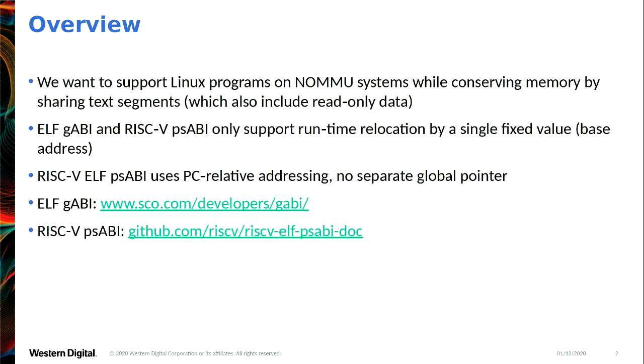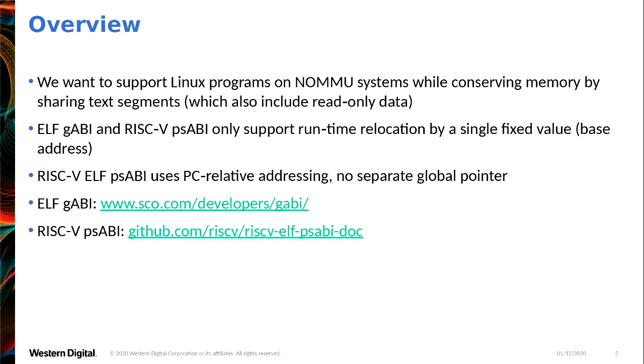Also the RISC-V ELF psABI, where ps stands for processor-specific ABI, uses PC relative addressing. So it relies on being able to calculate data addresses by adding a fixed value to the current PC.